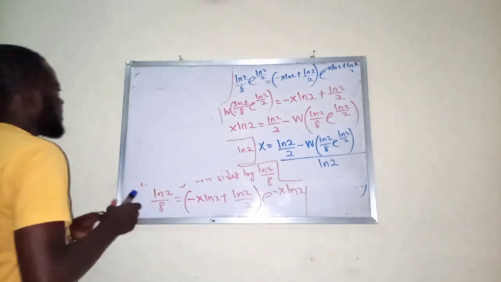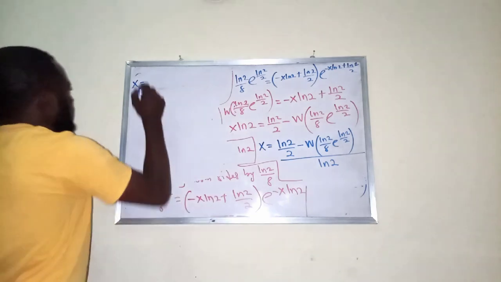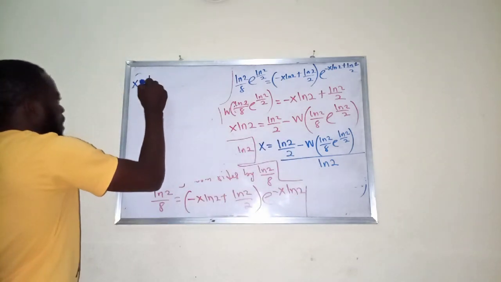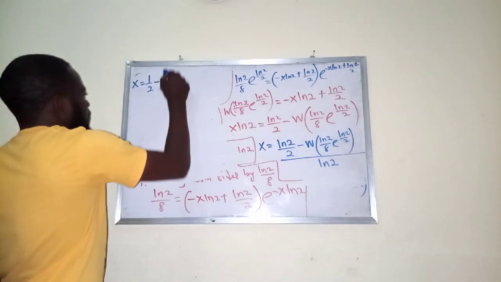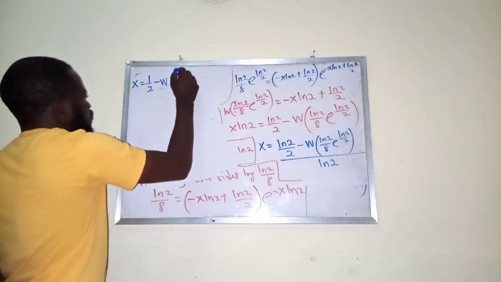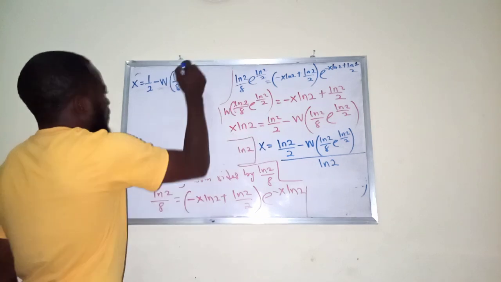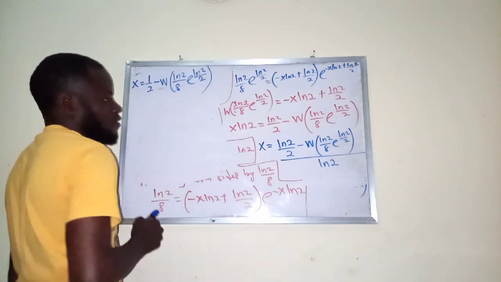Okay, from there we said x equals ln 2 over 2 divided by ln 2, which will give us 1 over 2, then minus W of ln 2 over 8 e to power of ln 2 all over 2.